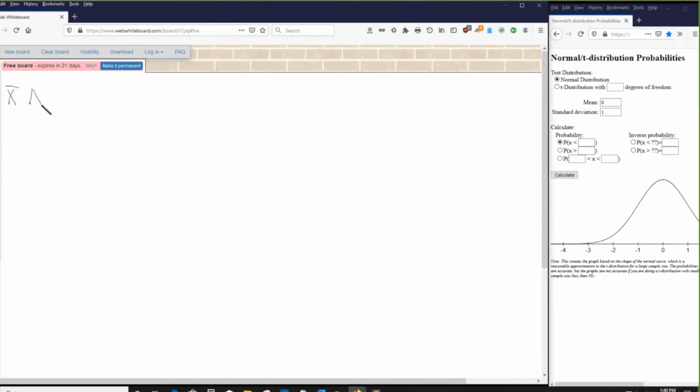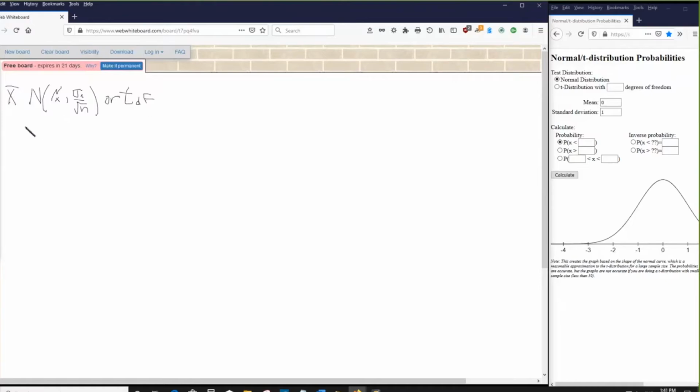It's going to be a normal distribution, which is going to have the mean of the sample and the standard deviation of the sample over square root n, which we've seen from our central limit theorem, or it's going to have a t distribution using degrees of freedom.